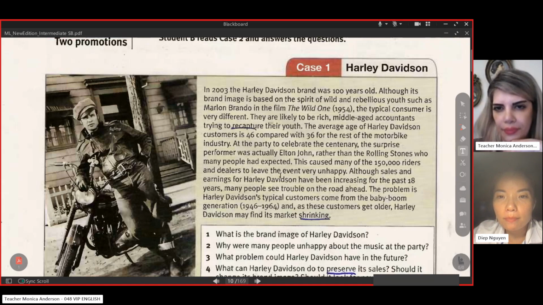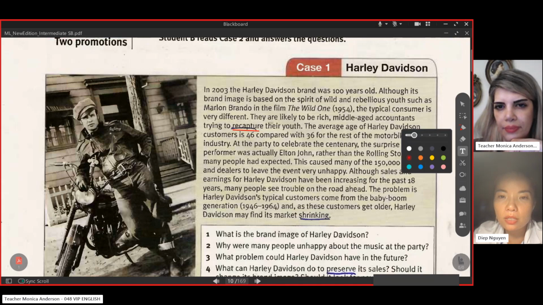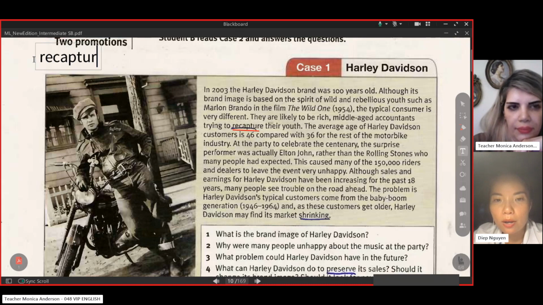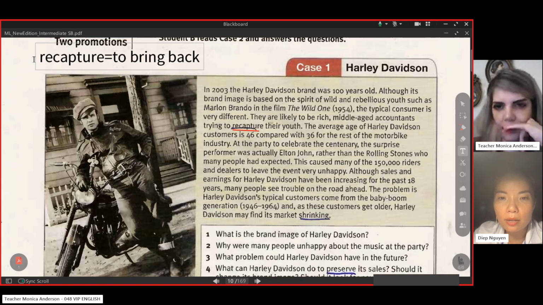The average age of Harley Davidson customers is 46, compared with 36 for the rest of the motorbike industry. As a party to celebrate the centenary, the surprise performer was actually Elton John, rather than the Rolling Stones, who many people had expected. This caused many of the 150,000 riders and dealers to leave the event very unhappy.